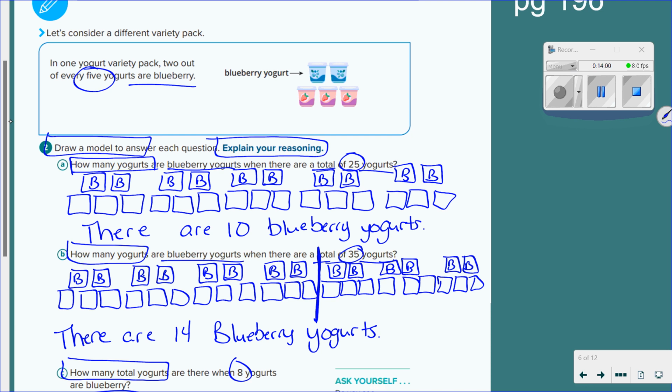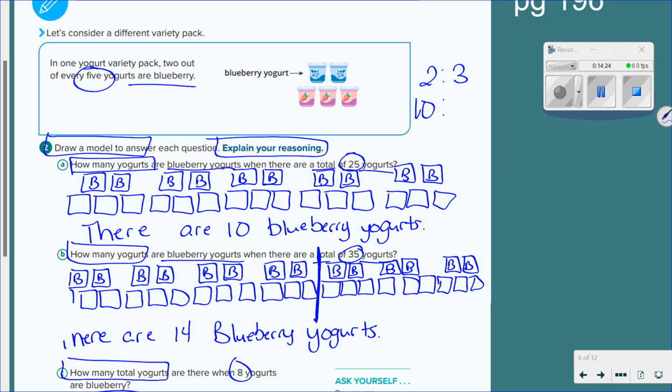yes? So that is basically what we did for all of these ratios that we made. We started with 2 blueberry to 3 other flavors, yes? Then when we got to number 2, how many blueberries did we end up? How many? For number 8? 10?